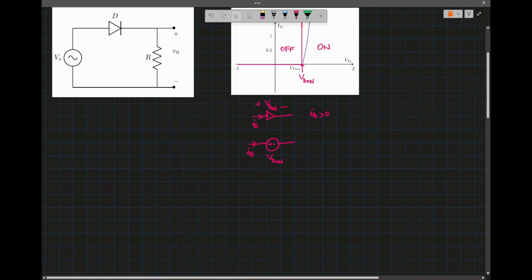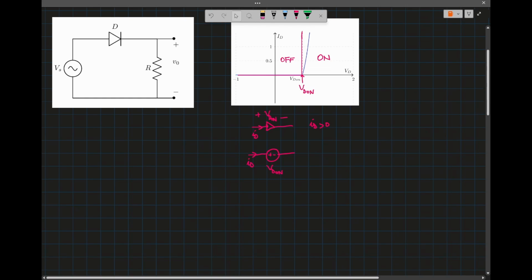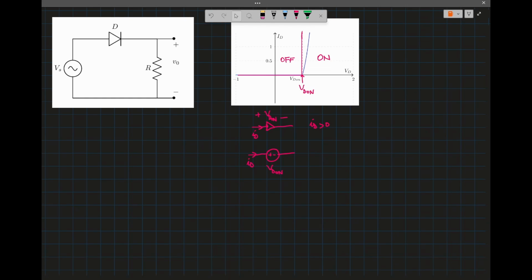So I am going to find the output voltage, which is going to be a function of the input voltage, because the input voltage must have some values to be able to turn the diode on and off. So the diode has two states, whether the diode is on or the diode is off.